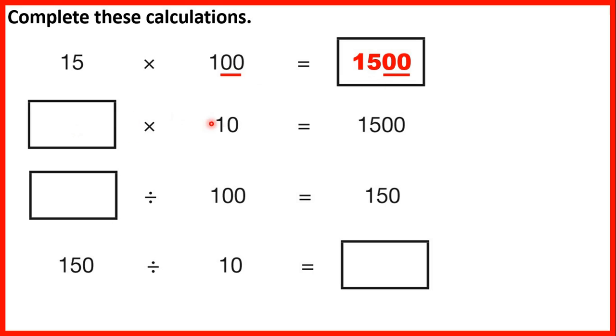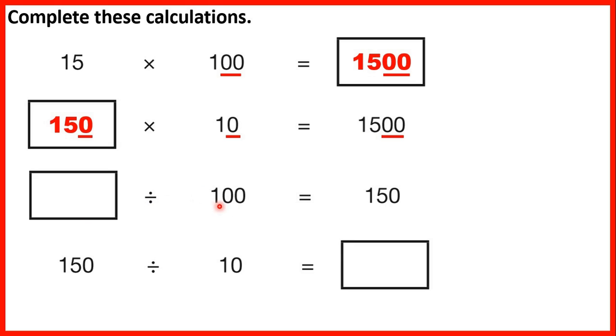Now, something times 10 equals 1,500. That's 150, because we have 2 end zeros here, so we need 2 end zeros in the question. So 1 here and 1 here, giving us 2 end zeros in our answer. 15 times 1 is 15, and then we have a total of 2 end zeros.